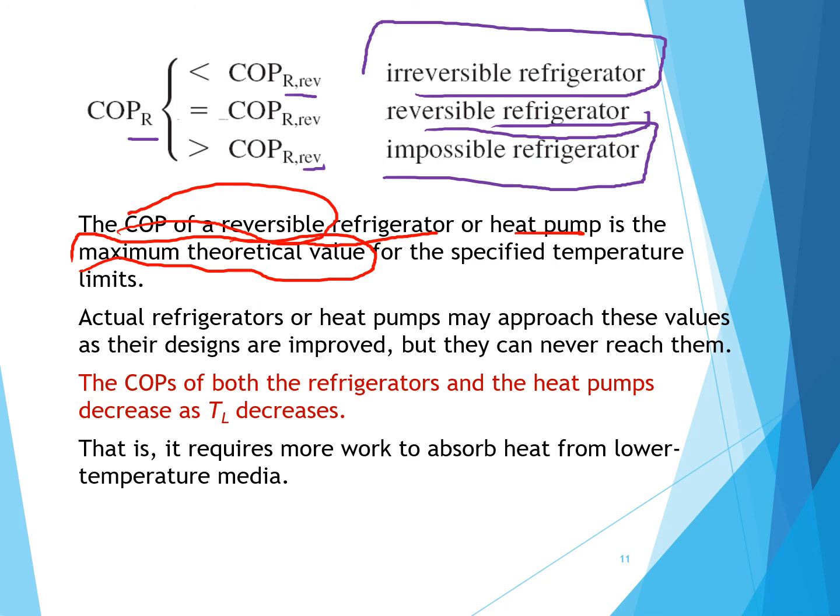An actual refrigerator or heat pump may approach this value as the design is improved. The COP of a real refrigerator can be improved if they improve the design, but it can never reach the COP of a reversible refrigerator or heat pump. The COPs of both the refrigerator and heat pump decrease as TL decreases. That is, it requires more work to absorb heat from lower temperature media.